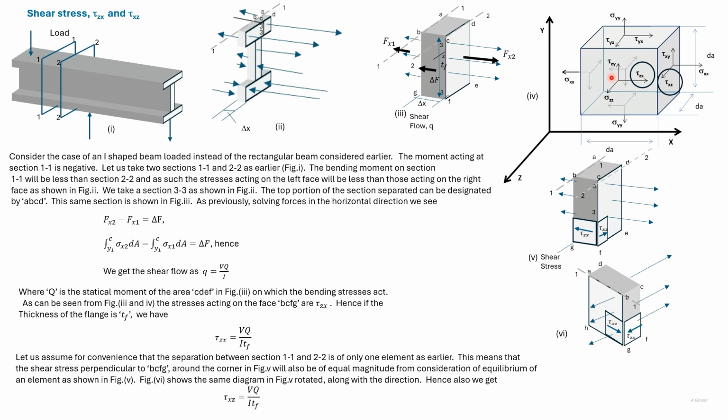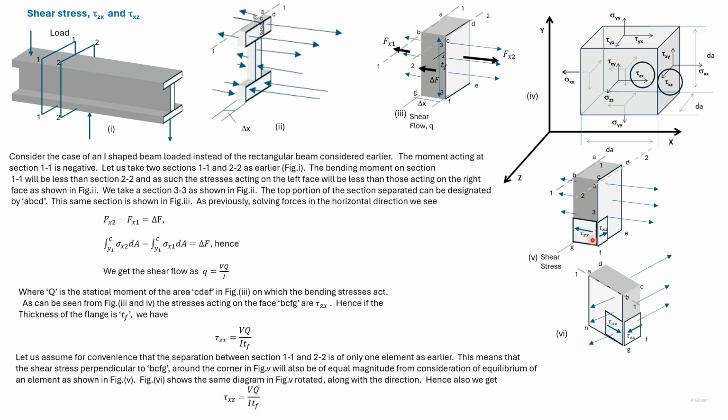On the unit cube, we can see that this direction and this shaded arrow is designated tau xz. So this shear stress is tau xz.